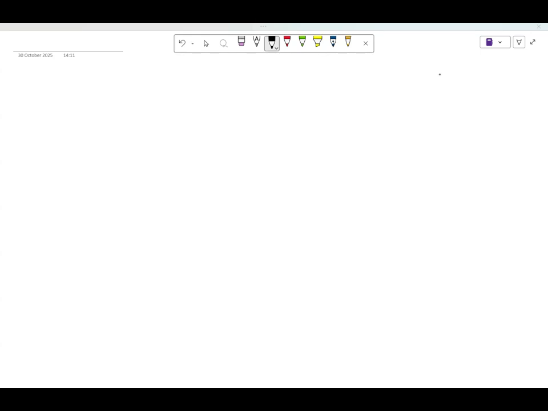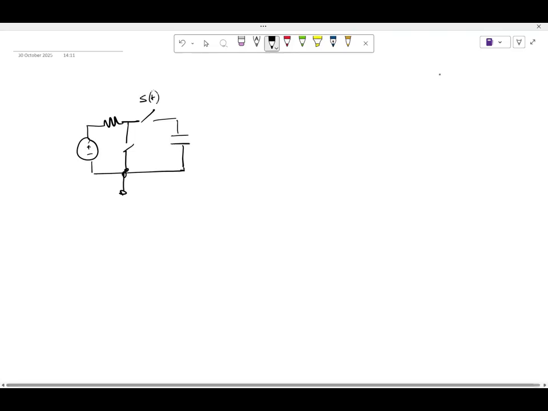So what did we do? We basically said that this is the circuit we were interested in. Then we found H(t, tau), and the constraint we imposed after we found H(t, tau) was RC much greater than Ts, right?